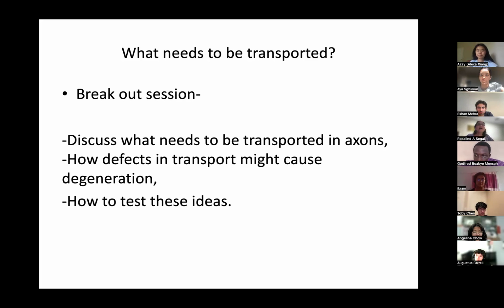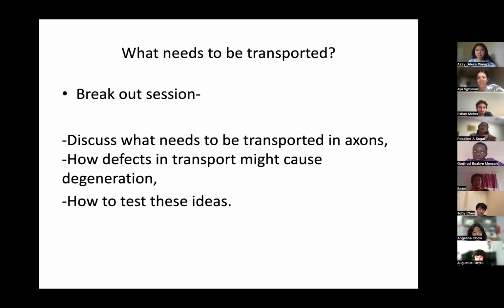Aya? Also, axons transport electrical signals and neurotransmitters, and signaling molecules crucial for neuronal function and communication. Well, the transport of electrical signals is not actual physical transport, right?